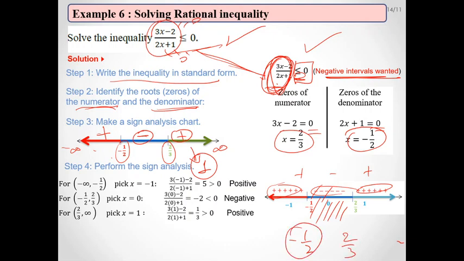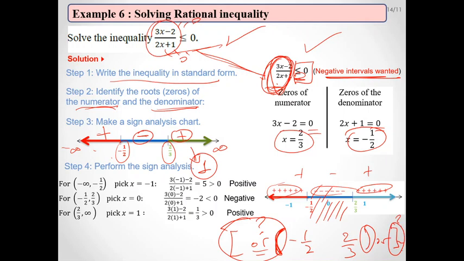But the problem here is, we have to be careful. The question here is this or this? Which one? Brackets or parentheses? And here again, this or this? This is the important thing here, so we have to be careful.